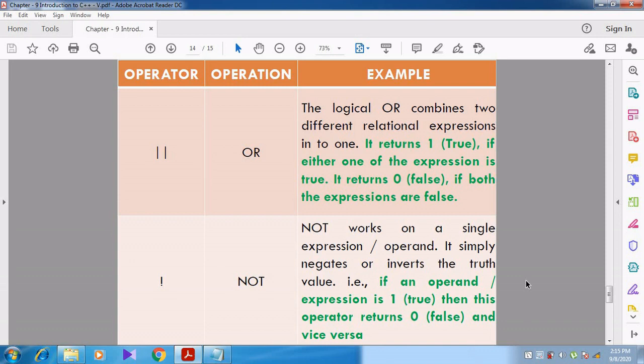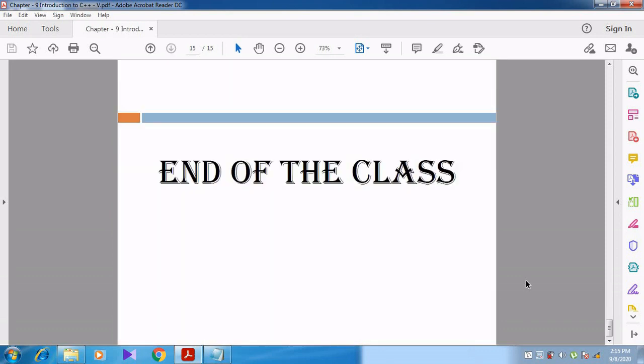Can you understand, students? We have studied what is meant by operator and operand. An operator is the symbol that performs some mathematical or logical operation. The operand is what the operator acts on.